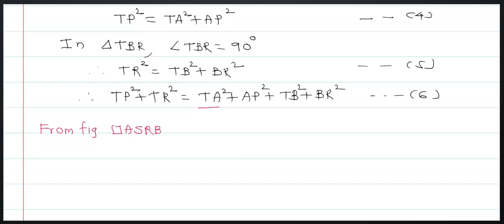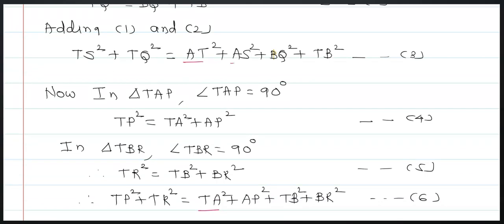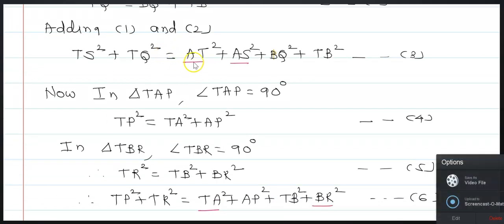Now on both sides, T is common from the figure. ASRB is a rectangle. Now here, what are the same sides? Here AT square, here TA square, both are same. TB square and TB square, both are same.